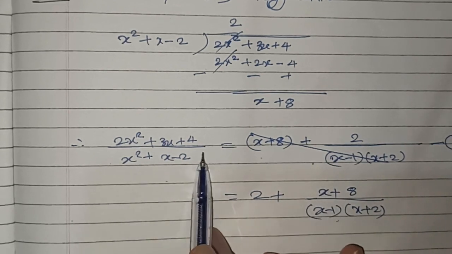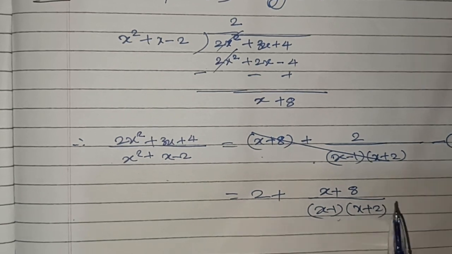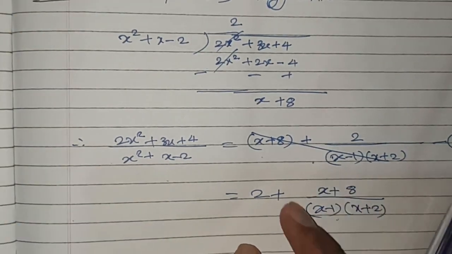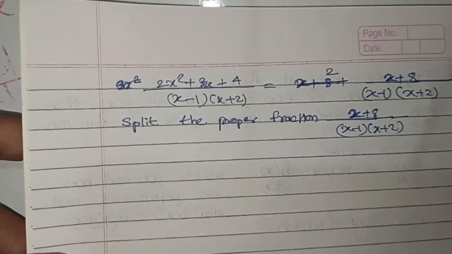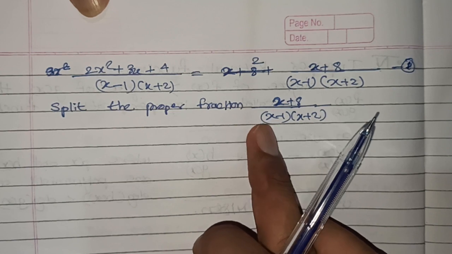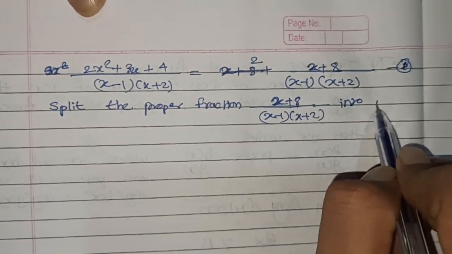So we get that improper rational function into polynomial plus a proper rational function. This is our proper rational function, and we have to split it into partial fraction. So let us start with this. Okay, so we have to split x plus 8 upon x minus 1 into partial fractions.